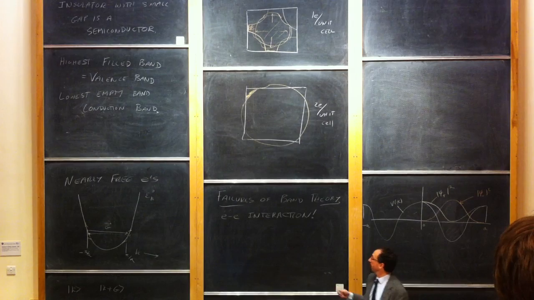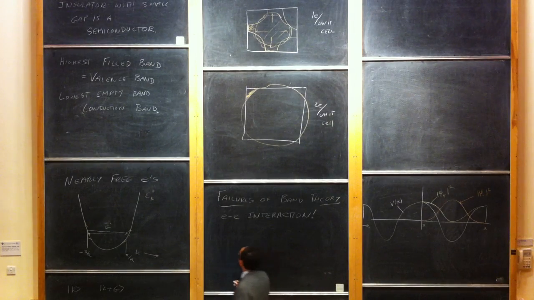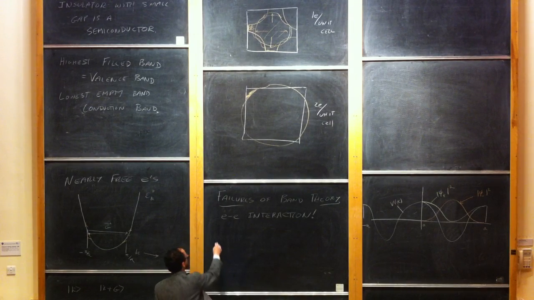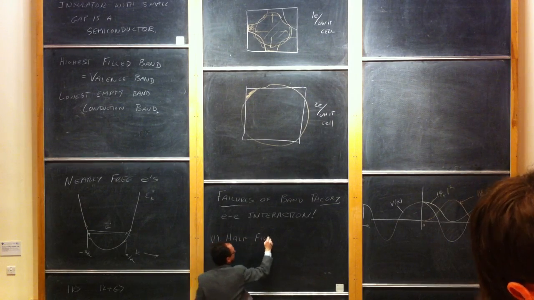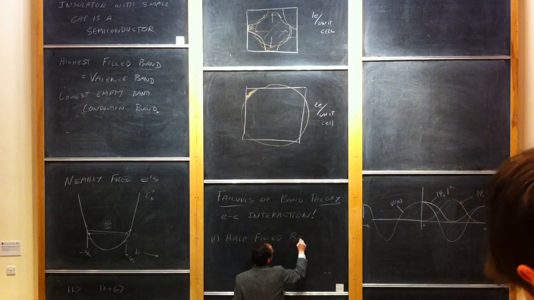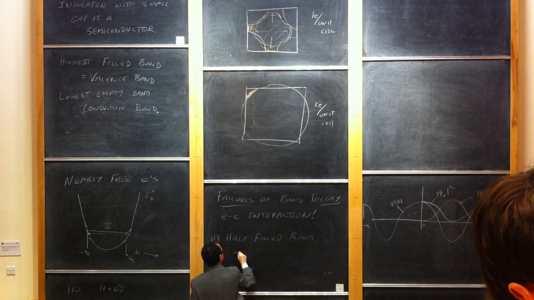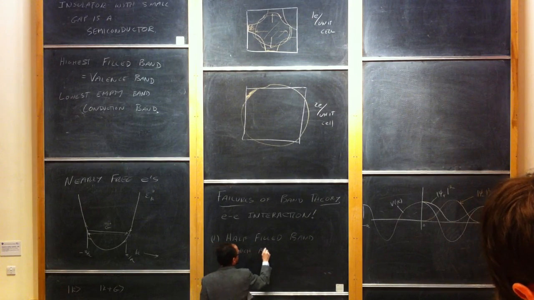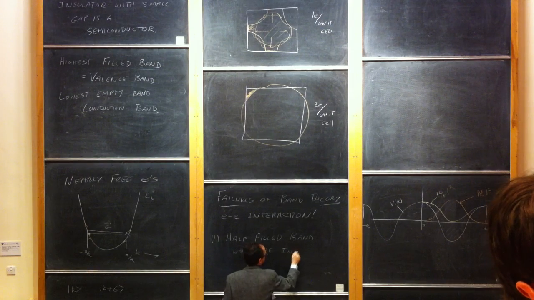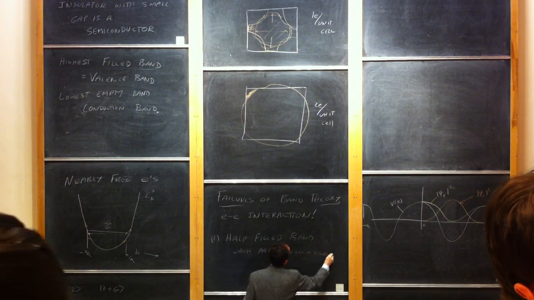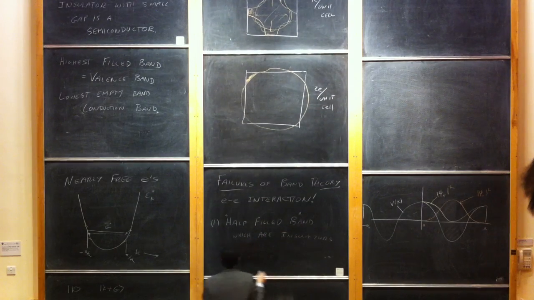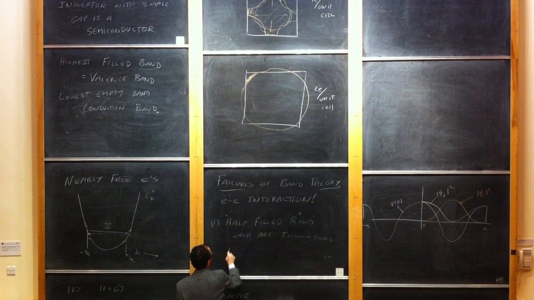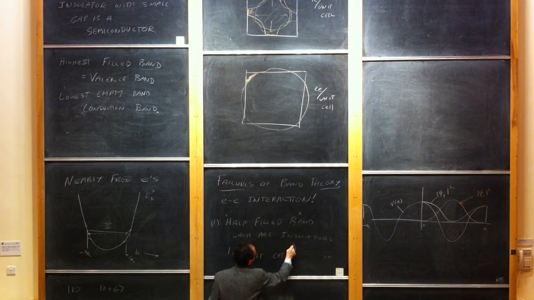Now, the first time when band theory can fail is that occasionally you can have "half-filled" bands which are insulators. Actually, maybe I shouldn't call them half-filled bands, in quotes. What's more proper to say is you can have, say, 1 electron per unit cell, and you get an insulator.